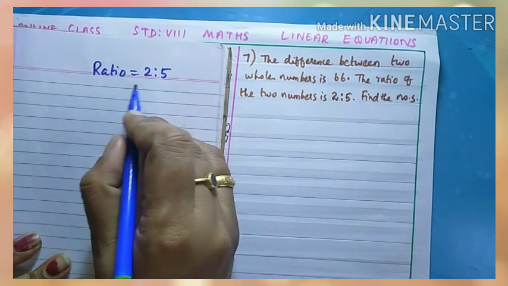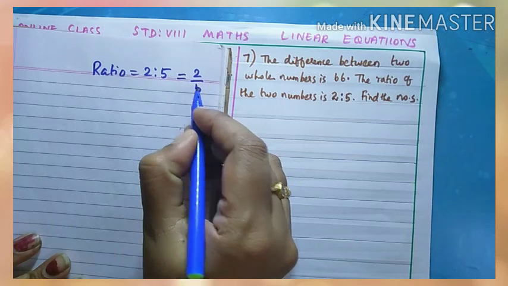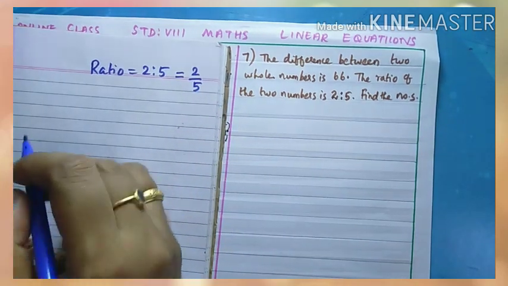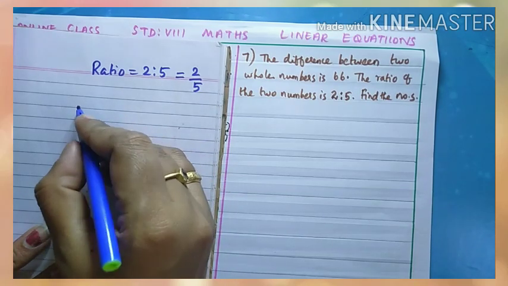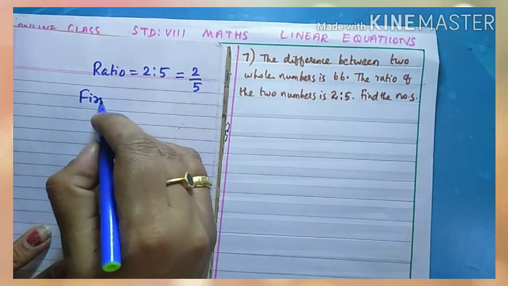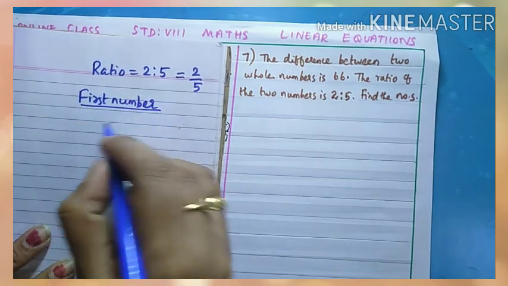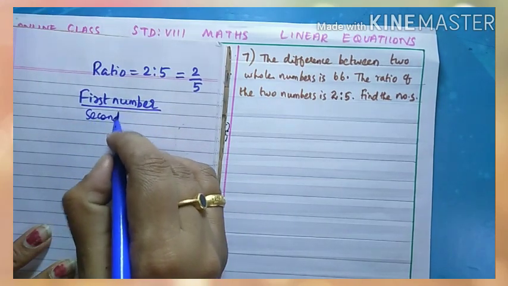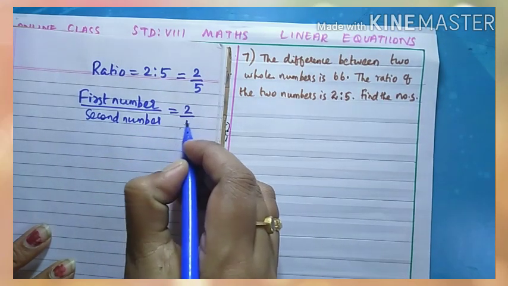What do you mean by this 2:5? It is actually 2/5. Okay, so here two numbers we don't know. So that means first number by second number, the ratio is 2/5. That is the meaning.